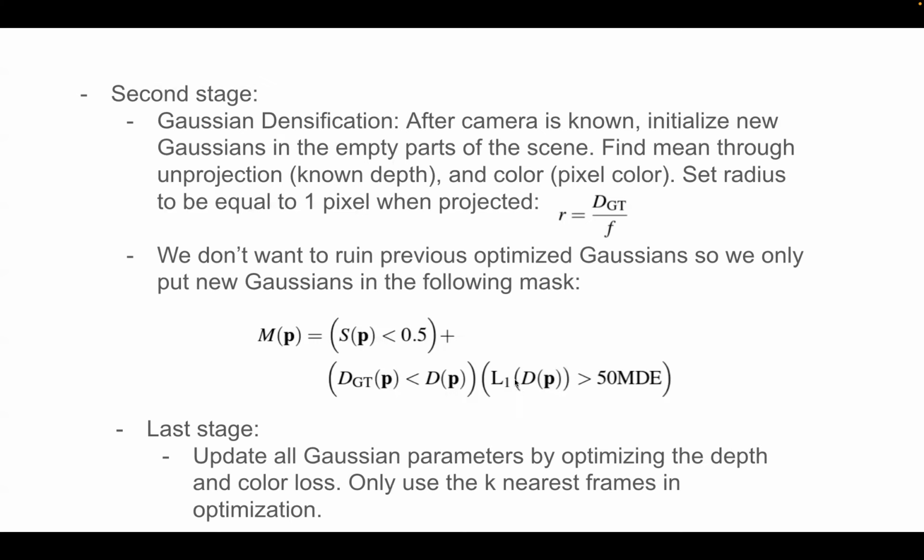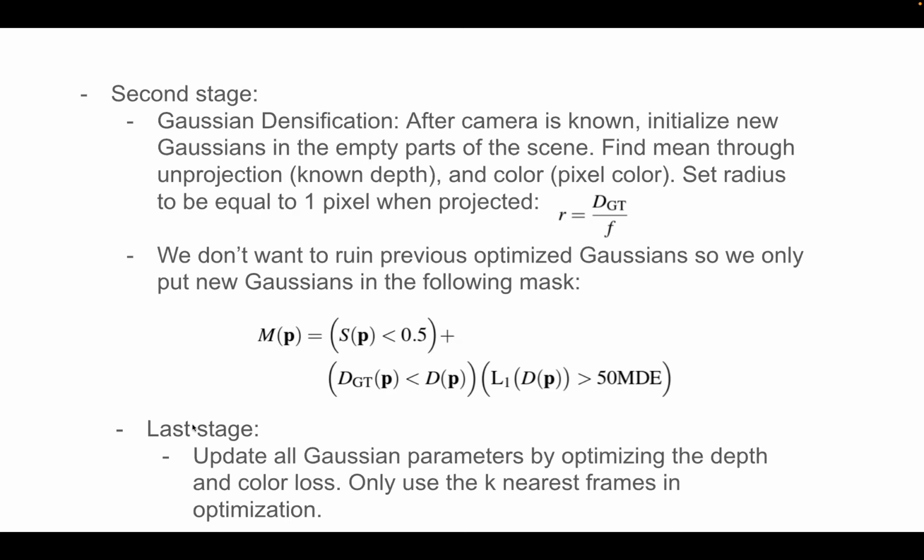So that means that this difference in depth is not because of the error, but it's actually a new geometry in front of the previously found geometry. So if it falls into this mask, they will unproject the pixel and set a new Gaussian.